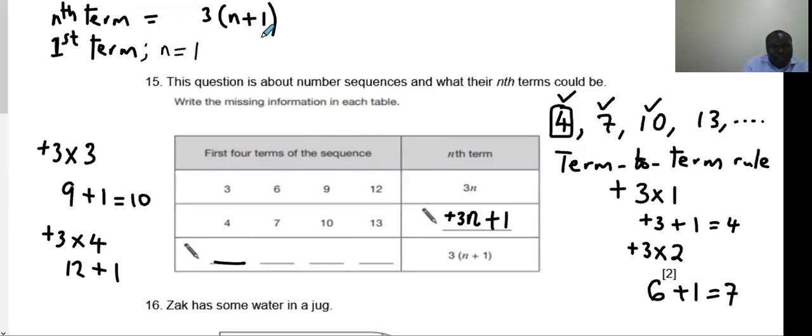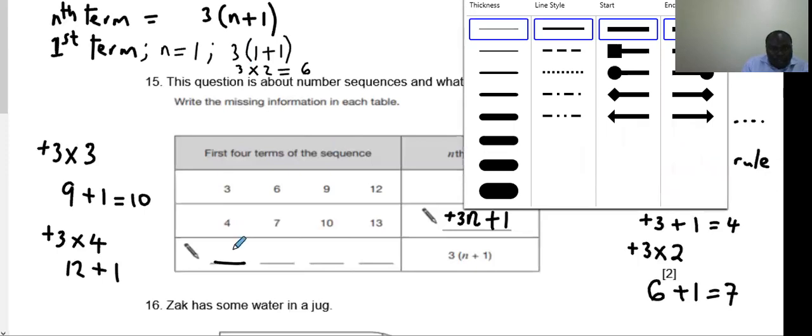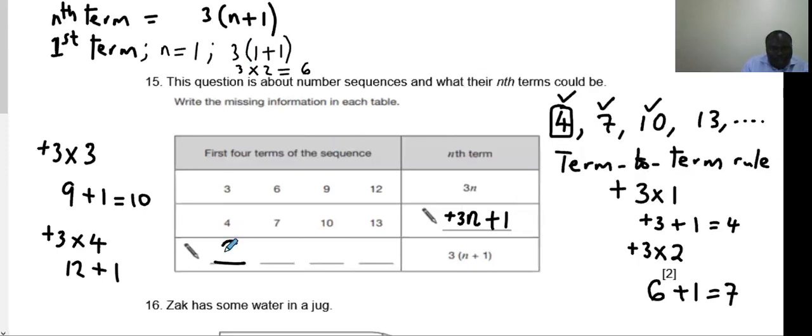So when n equals 1, this implies 3 times 1 plus 1. This makes 3 times 1 plus 1, which is 2. So that gives you 6. So here you write 6. And then you do the same for the second term.